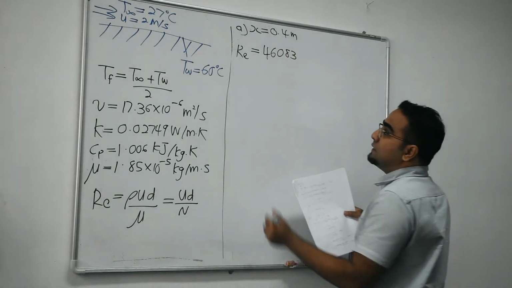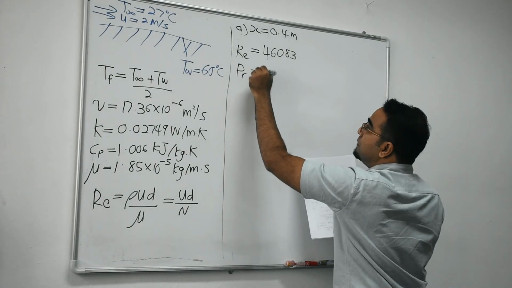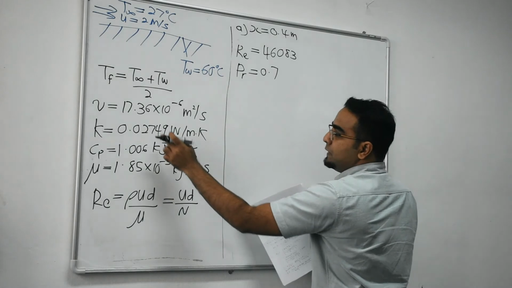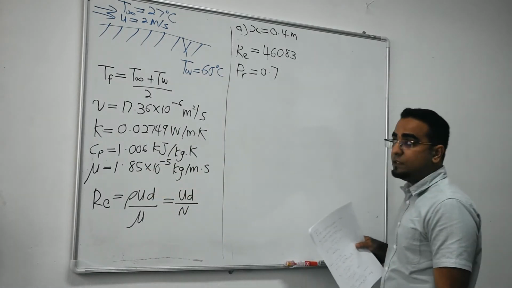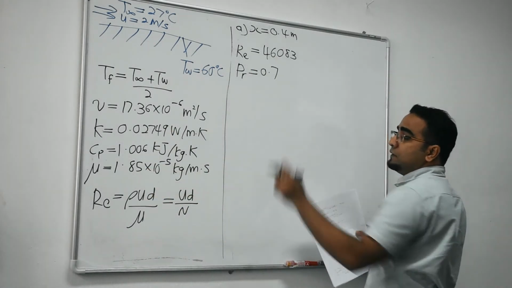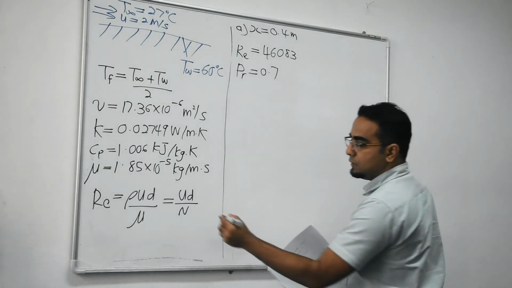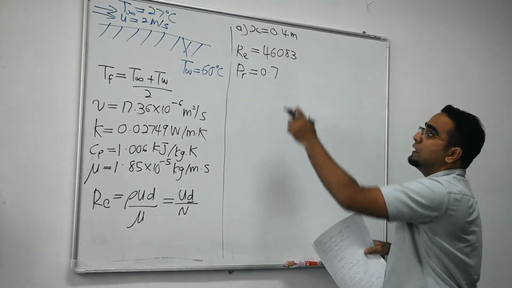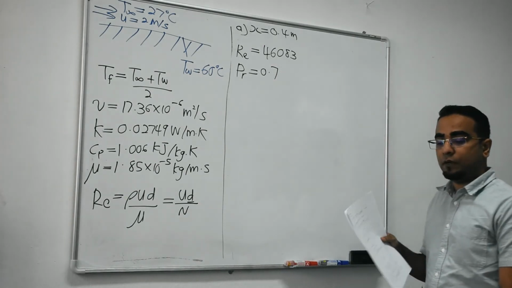Your Pr will be the same. Pr is going to be 0.7 because Pr is Cp times mu over k, so there's no change. The only reason you have a change in Reynolds number is because this value of x, instead of 0.2, you have 0.4. So that's why you have a different value of Reynolds number.